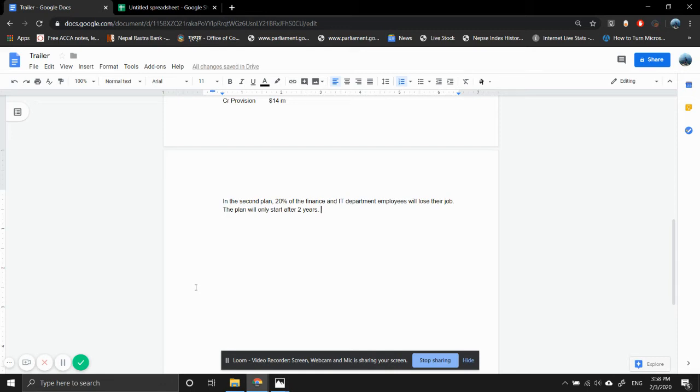Given the long time span of 2 years, the plan may change significantly, and details of employees being made redundant are not specific enough to create a redundancy provision.